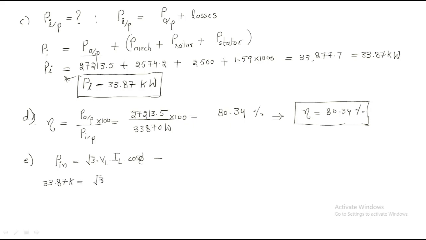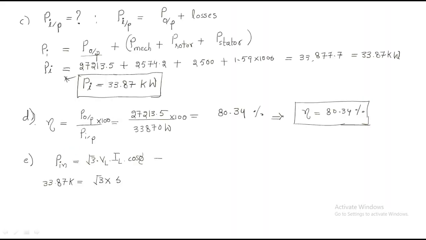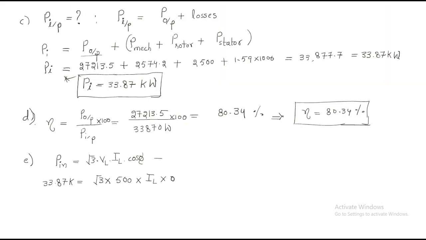The given voltage is always the line voltage, not the phase voltage, that is 500 volts, and cos phi is 0.85.